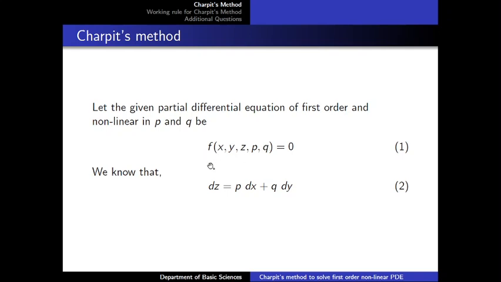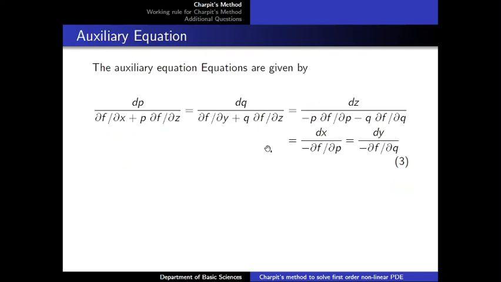While I evaluate fx or dou f by dou x, I should treat y, z, p and q as constants. While I evaluate fy, I should treat x, z, p and q as constants. Analogously, fz, fp and fq can be evaluated from equation 1.